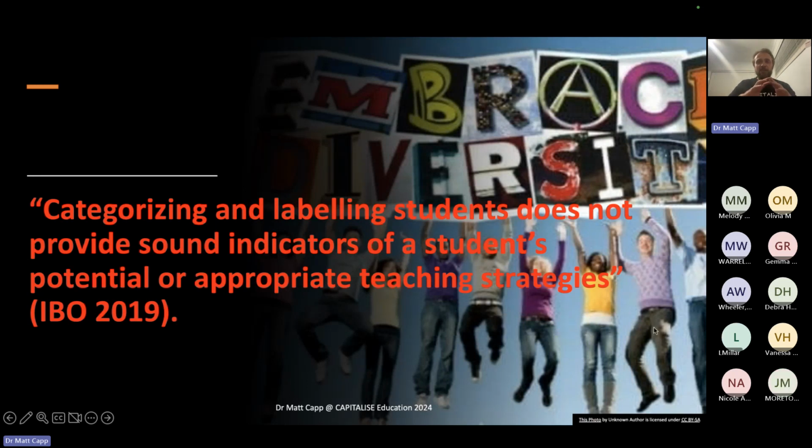Hypothetically, if I talk about I have a student on the autism spectrum in my class, but that's all I talk about, the tendency is to go to a book, an educational text on autism that might have a list of strategies. But if all I know about that student is a label, the tendency is to choose a random strategy out of that list of strategies from the book.